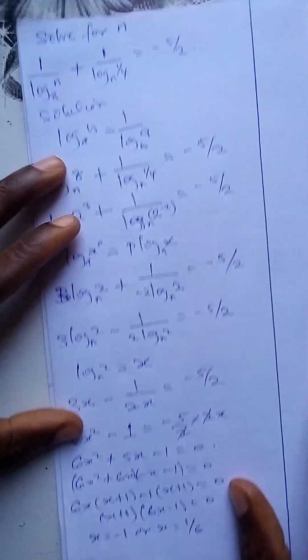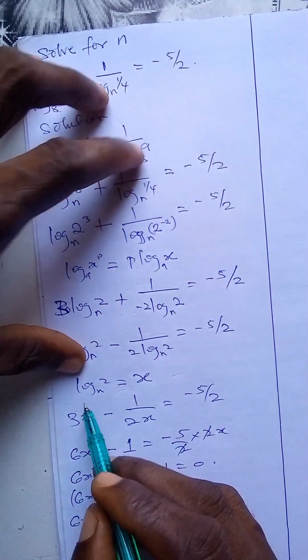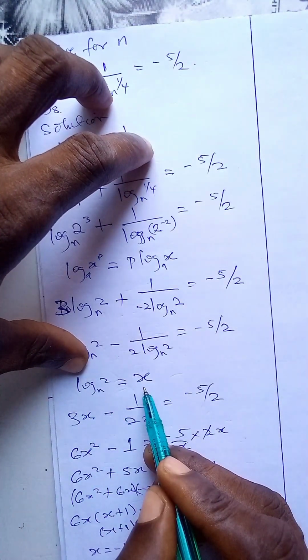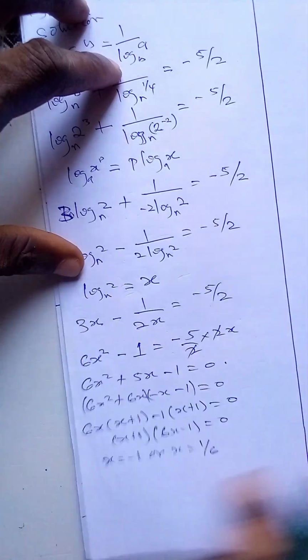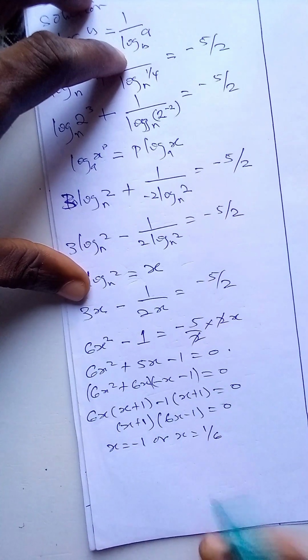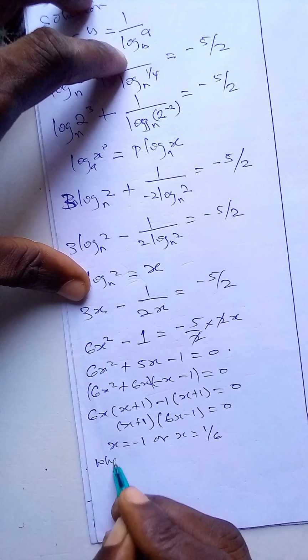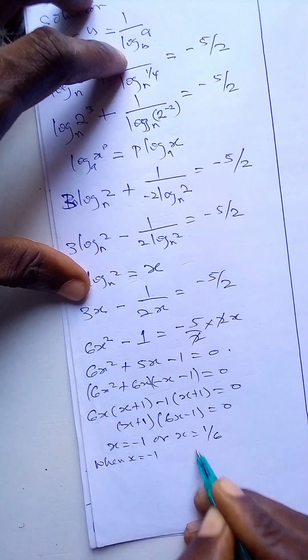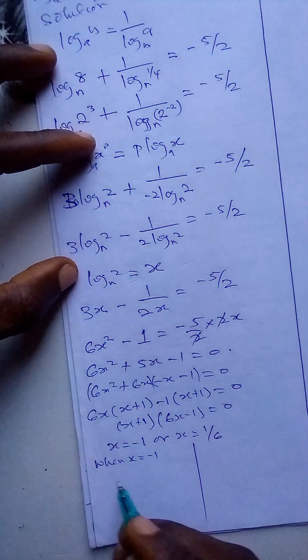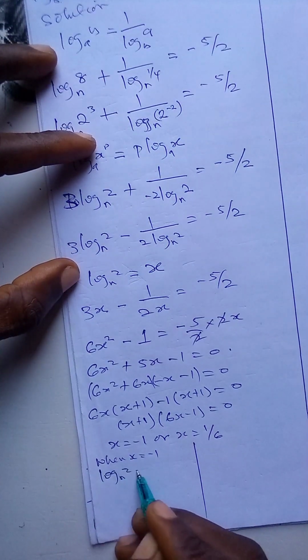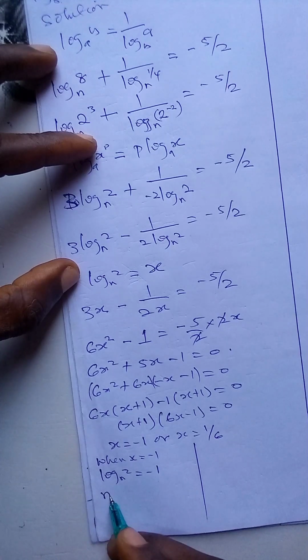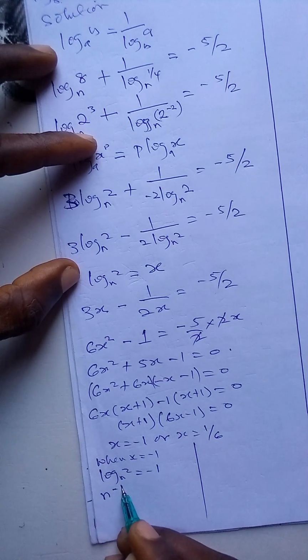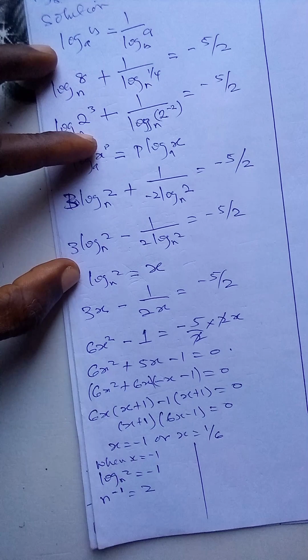Let us remember that we made log to base n of 2 equals x. So we will now back substitute in both cases. In the first case, when x is minus 1, that becomes log to base n of 2 is minus 1. And then n to power minus 1 will now be 2.